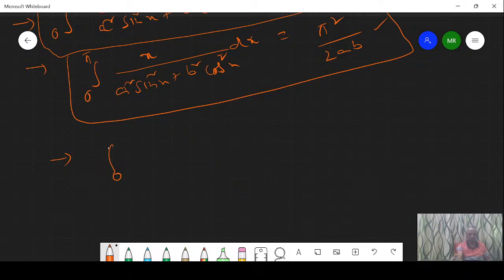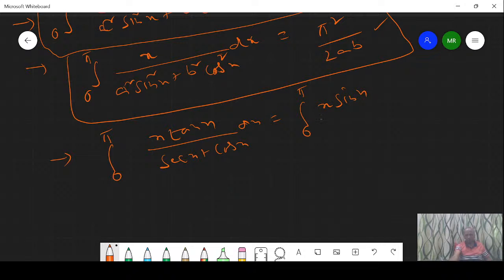Integral 0 to pi of x tan x by secant x plus cos x dx is also equal to the integral 0 to pi of x sin x by, if we convert tan into sin by cos, 1 plus cos square x dx.